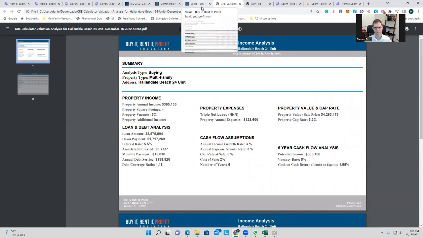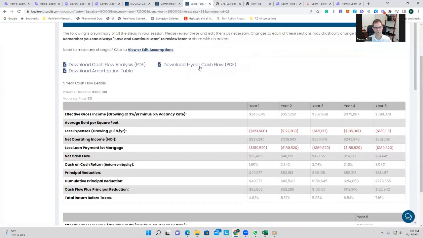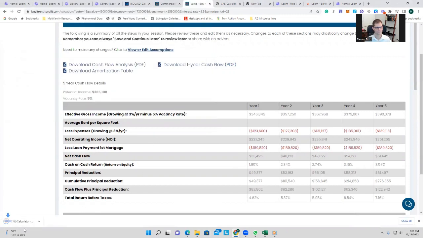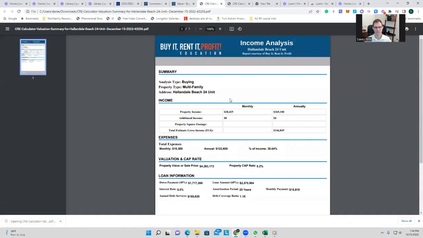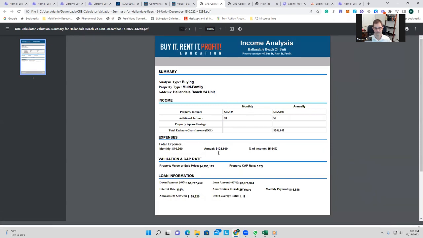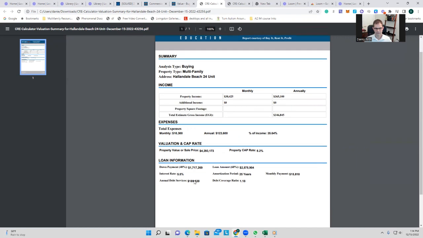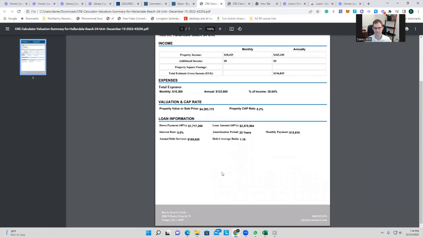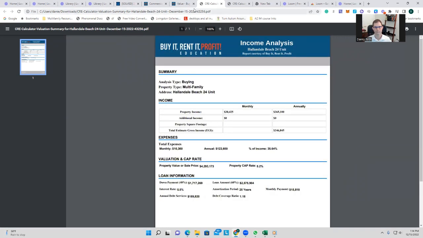You can run it once based on current cash flow, save your PDFs, and then you can download another one. This is year 1 cash flow, we can take a quick look at that one. And so this is monthly cash flow, total expenses, down payment, monthly payment. And so that's just a brief overview.